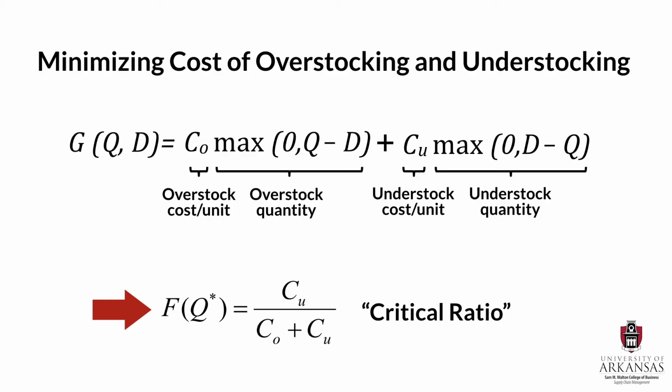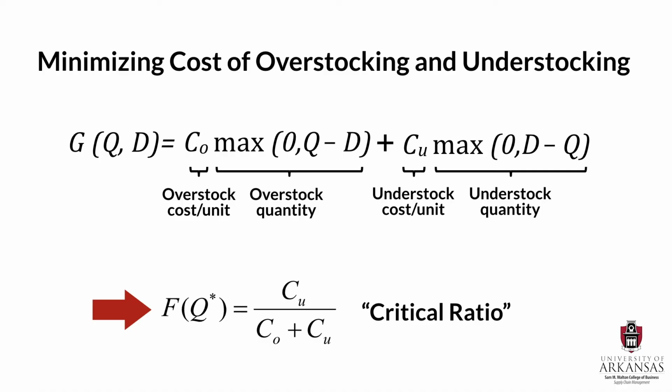Now here's why this is so intuitive. Let's say understock costs are greater than overstock costs. For instance, a Newsvendor may forego $1 in profits for every lost sale, while the loss associated with having a leftover copy at the end of the day may be only 50 cents.